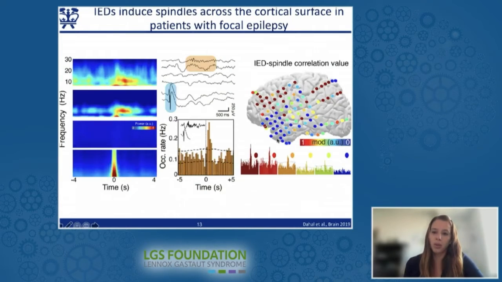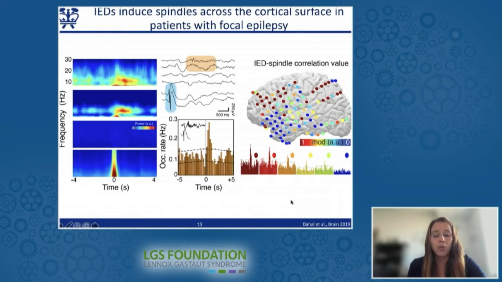Importantly, we wanted to determine whether these findings are relevant to patients, because that's what we're all ultimately interested in. To do this, we used intracranial EEG data from patients who are undergoing workup for epilepsy surgery. As you all know, these patients are implanted with subdural grids, strips, and depths to try and localize their epileptic foci for potential resection.